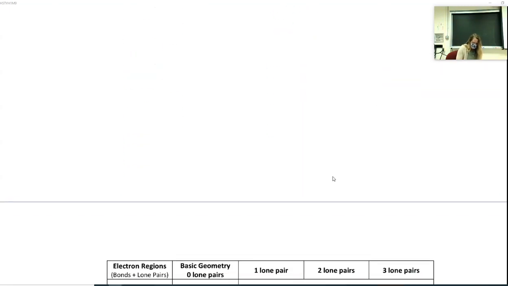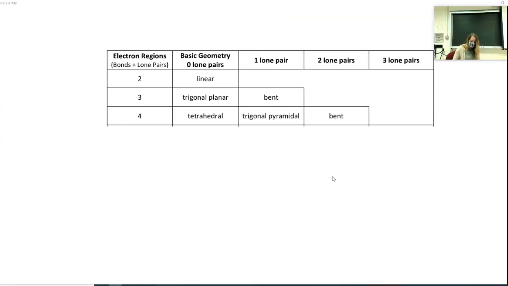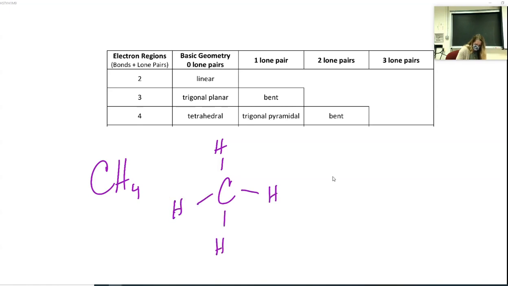Let's go ahead and look at line 3. This is more common. We're going to see these molecules in chemistry more frequently. This is when we have 4 electron regions. So let's go ahead and start with CH4. CH4 is methane. We will see that carbon has 4 electron regions.